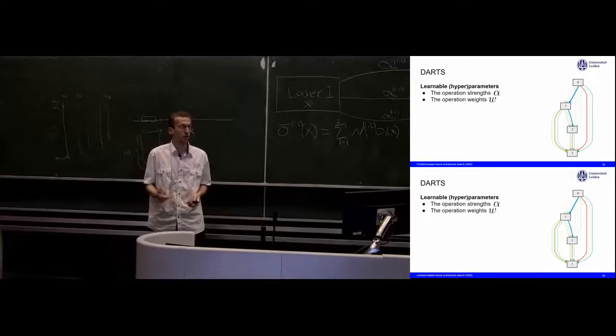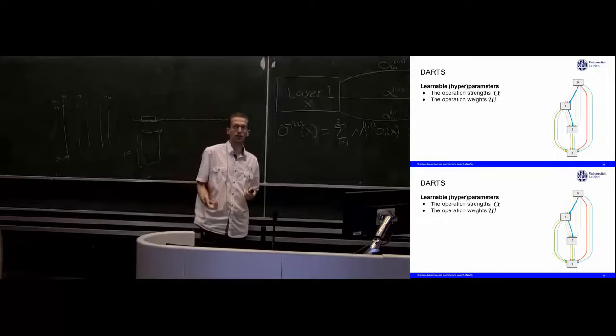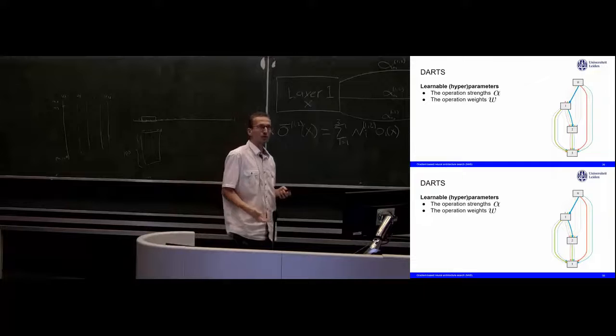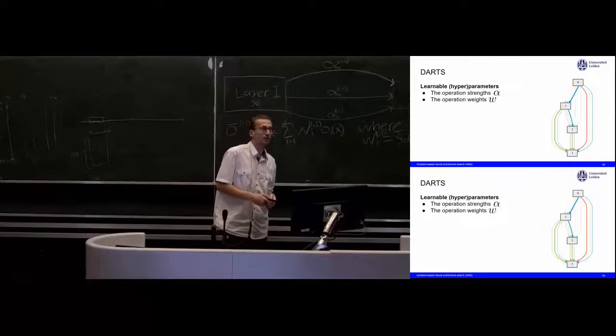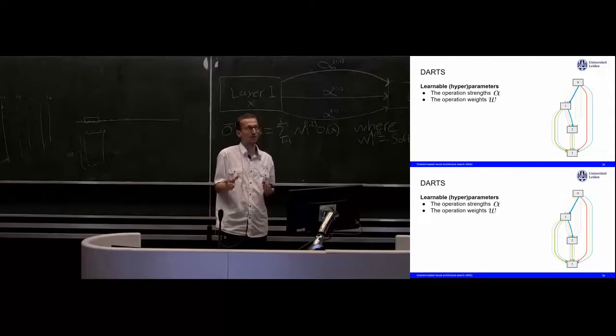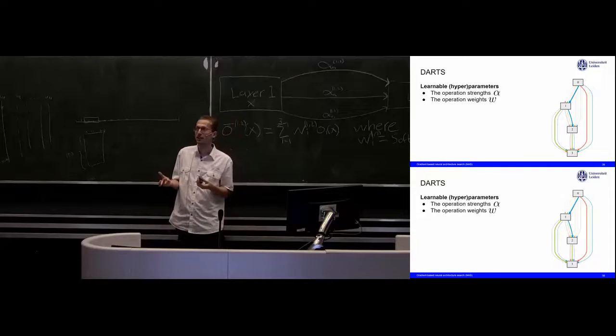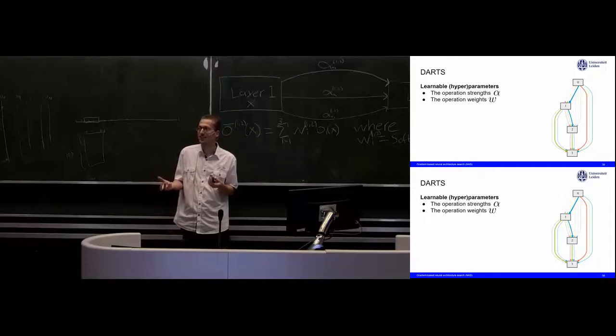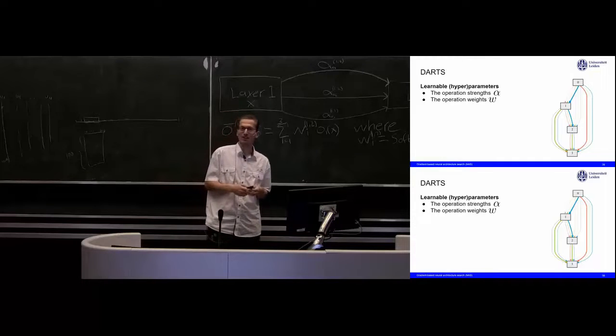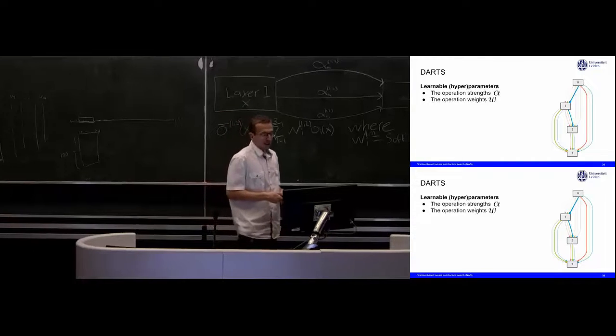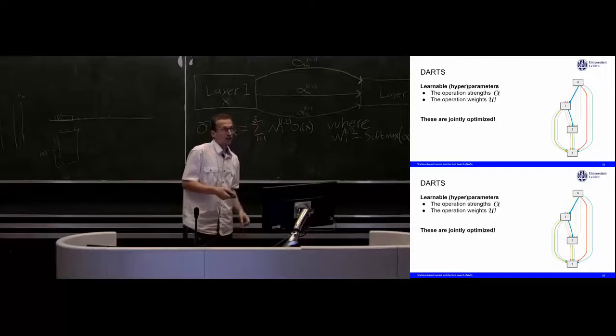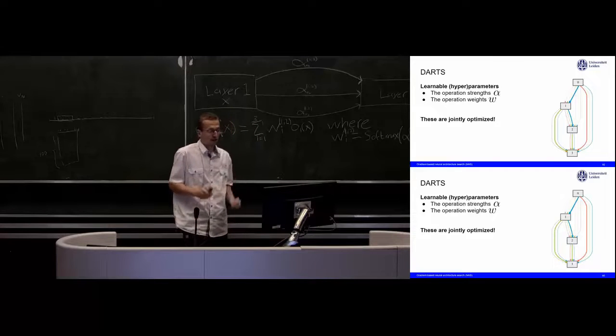Because even though we're only interested in searching for a good neural architecture, the weights are also relevant for this. Because you could have a convolutional 1-by-1, which is the best operation to perform, but if the weights are totally random, then the operation is not going to make sense, right? So in DARTS, we actually jointly learn both of these parameters or hyperparameters.